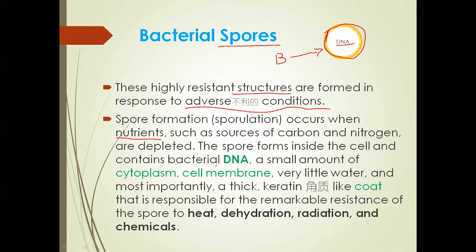So the spore is mainly DNA inside, with just a small amount of cytoplasm, let's say mostly water, compared with bacteria. They are covered with a cell membrane. You can see two pretty thin lines here inside; the cell membrane is still in there, and very little water, like a cytoplasm.